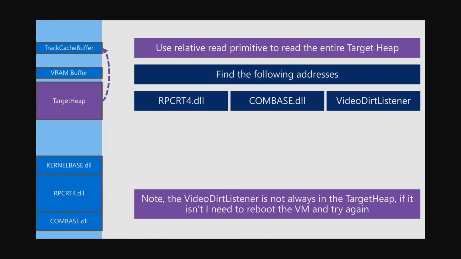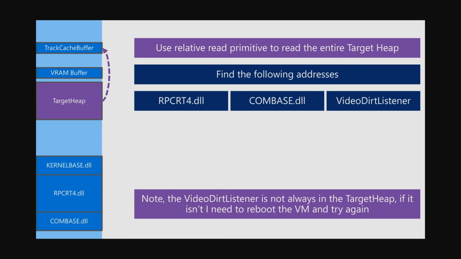So that's exactly what I did. The first thing I need to do, of course, is read the target heap, and find the address of RPC RT4, comm base, and the VideoDirtListener object. It's worth noting that while these offsets are typically fixed, like the offset between the VRAM buffer and the target heap, it's not 100% of the time. So this will fail sometimes.